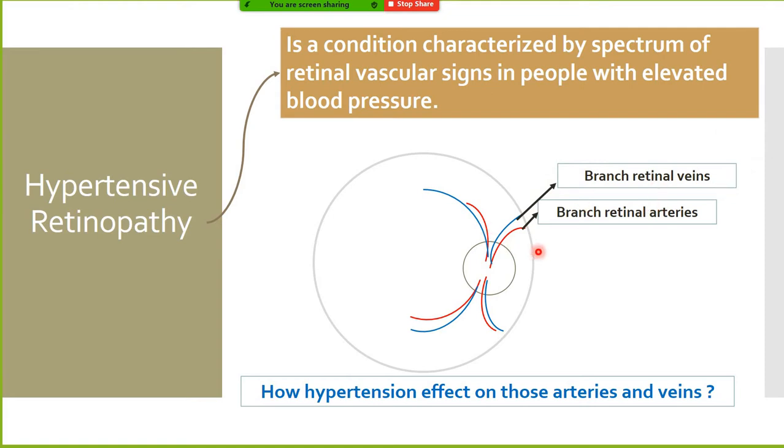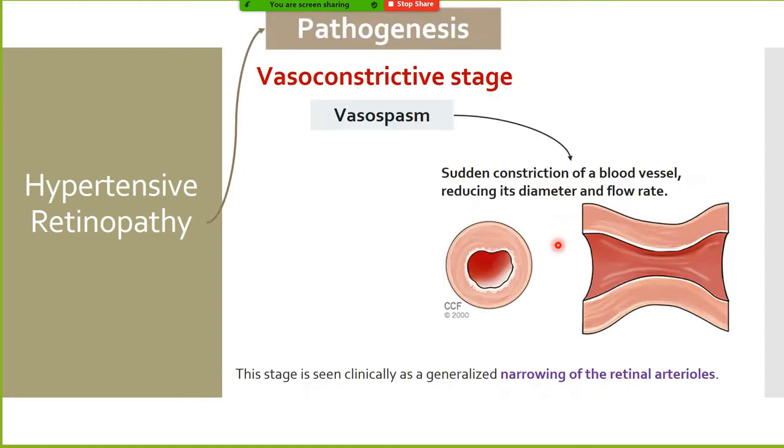A patient with hypertensive retinopathy will have their retinal veins and retinal arteries affected. How do they get affected? Coming to the pathophysiology, there are vasoconstrictive changes. There will be a sudden constriction of a blood vessel, which we call a vasospasm.